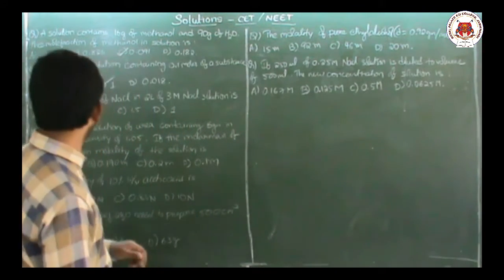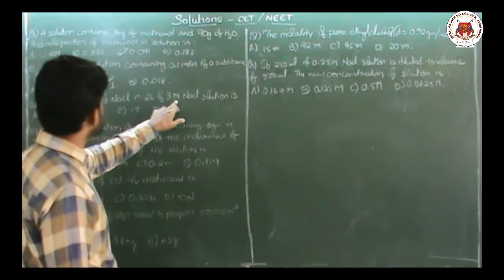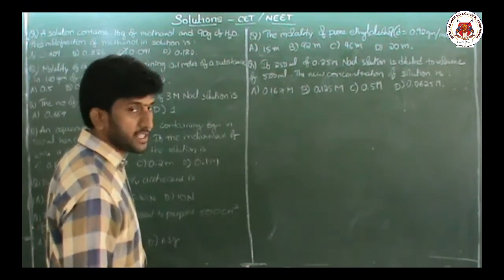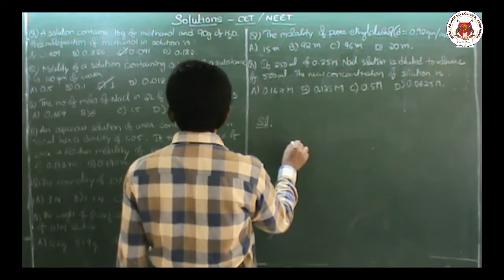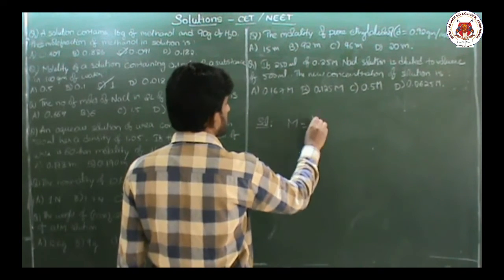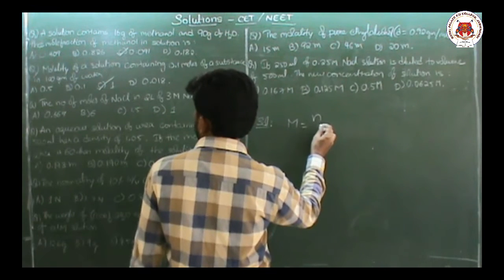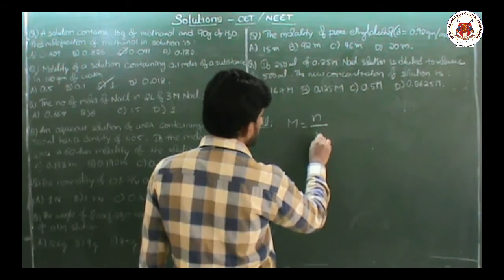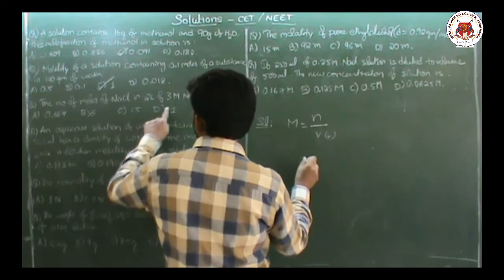Next question: number of moles of NaCl in 2 liters of 3 molar NaCl solution is? We want moles of NaCl, and molarity is given. Molarity is equal to number of moles by volume in liters.